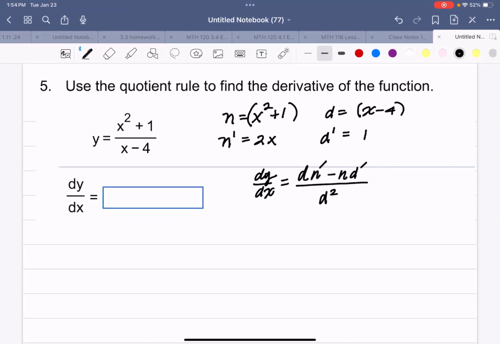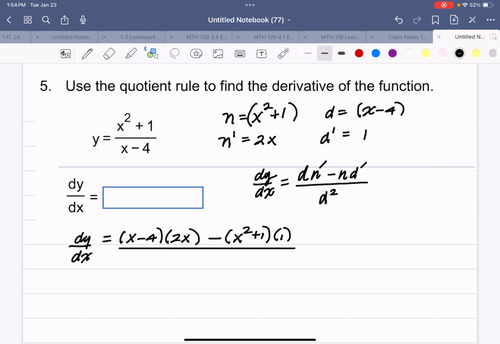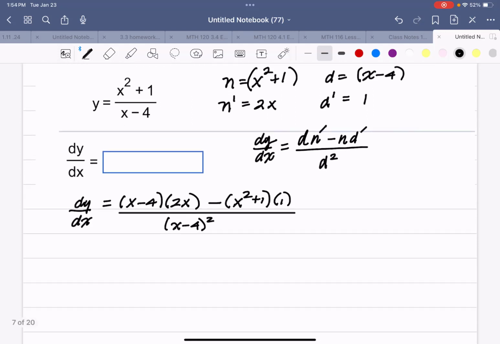So our dy dx is our denominator, x minus 4, times our derivative of our numerator, 2x, minus our numerator, x squared plus 1, times the derivative of the denominator, which is 1. All of this is our denominator squared. So remember, we always start with the denominator in the top and end by squaring the denominator in the bottom.